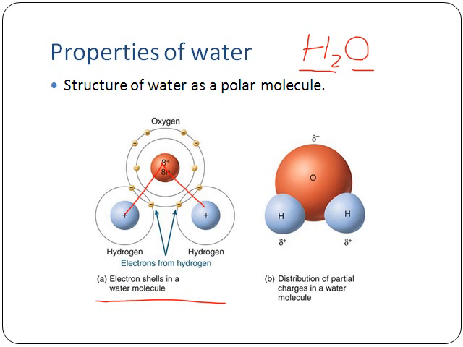The reason for this has to do with, if you remember way back to where we talked about electron configurations, the fact that the last 2 spots in oxygen's valence shell that are going to be filled are in the 2p orbital. And remember that 2p has 3 different suborbitals, each at right angles to each other.